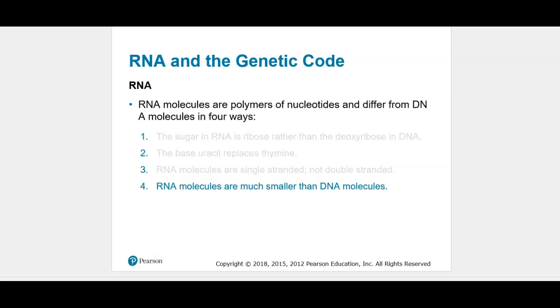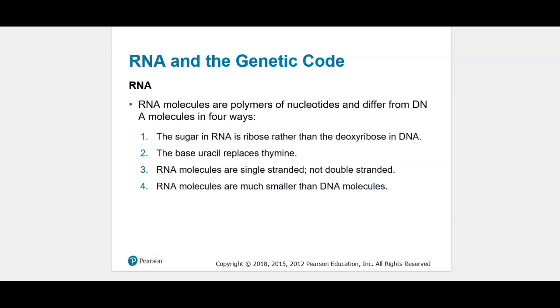Large RNAs are probably going to run into maybe thousands of nucleotides for a large protein, but nowhere near the billions of base pairs that can show up on a DNA molecule. DNA alone is huge, and we haven't really talked about all the associated proteins, the nucleoproteins that go along with it. So those are pretty much the distinctions between DNA and RNA.